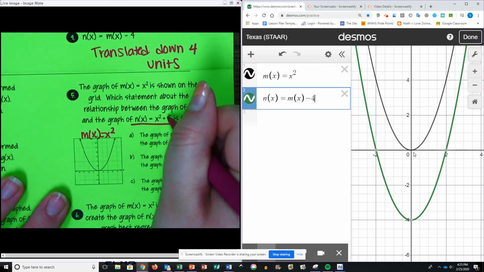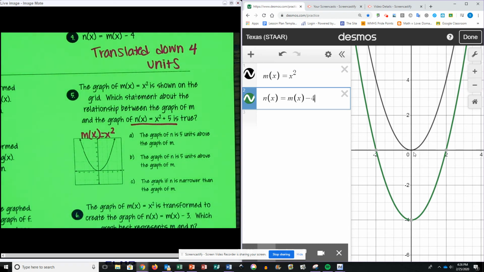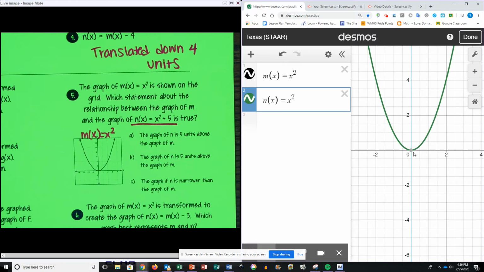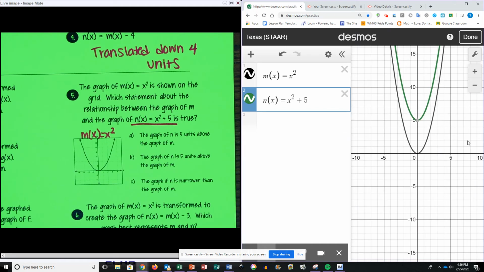It has the plus 5. So we know it's going to go up. We can check it in Desmos. So if I type in this equation they gave us, n of x equals x squared plus 5. Hit the home button so you can kind of see the whole thing. I see that it raises up 5 units.